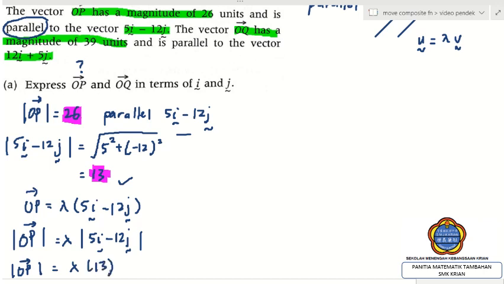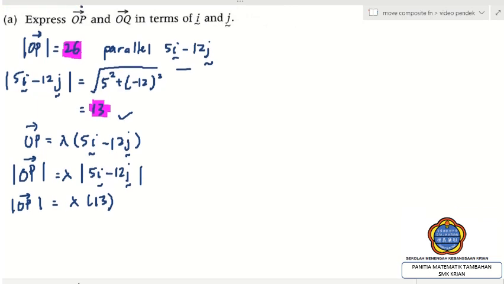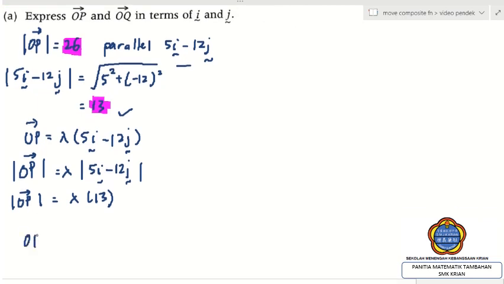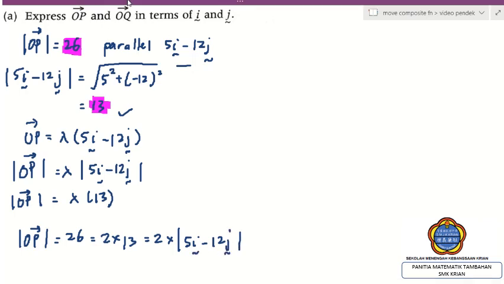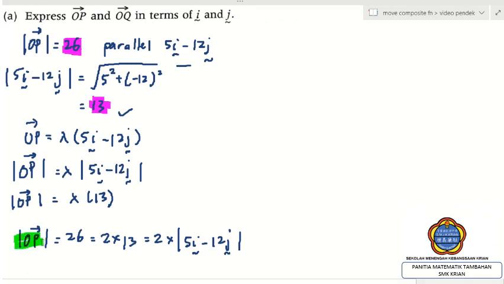Then, given that magnitude of OP is equal to 26, how to relate and show in the step: 26, you put 2 multiply 13, and 2 multiply the magnitude of 5i minus 12j. Based on this, magnitude of OP is equal to 2 multiply magnitude of 5i minus 12j.